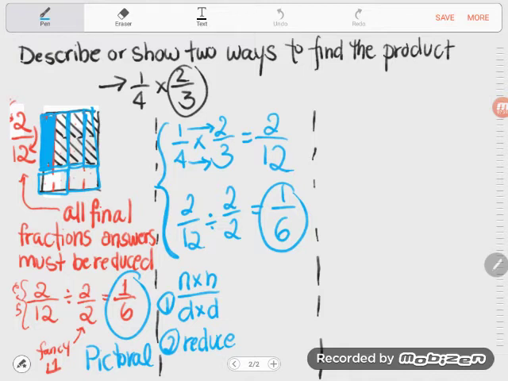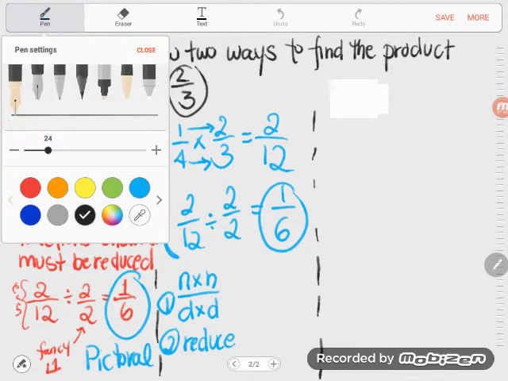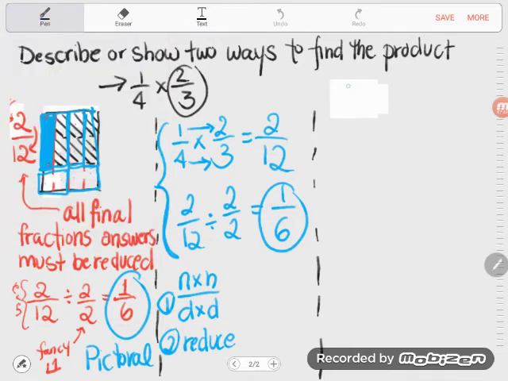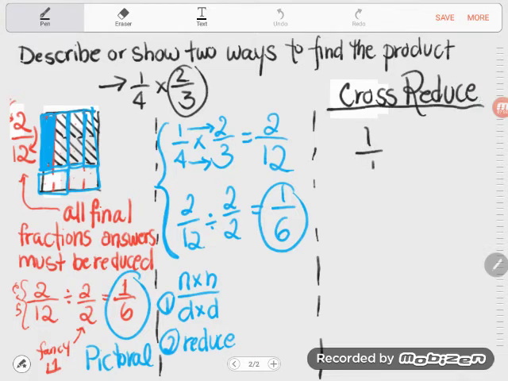So I want to show you that I could actually use what most teachers refer to as cross-reducing. I could reduce before I multiply. So that's a third method. This is my favorite because if you reduce before you multiply, your numbers will get smaller before they get bigger, and so your math will be easier, especially when your fractions are large.